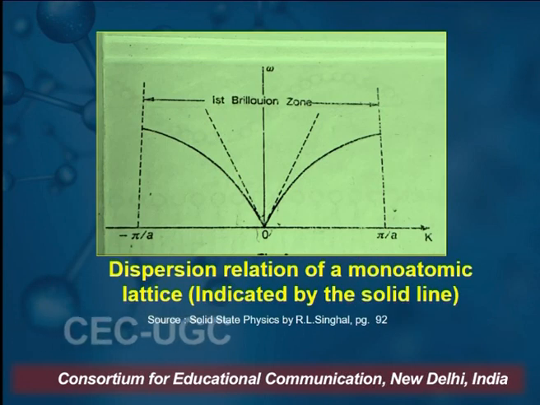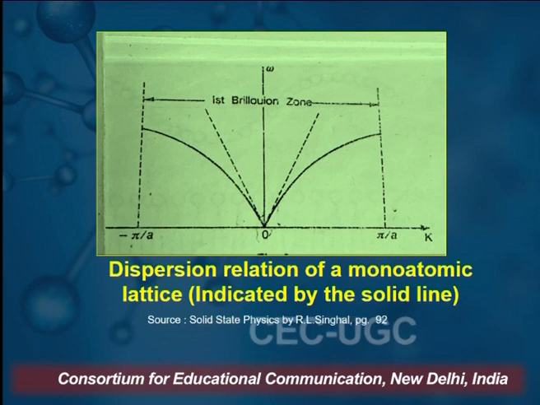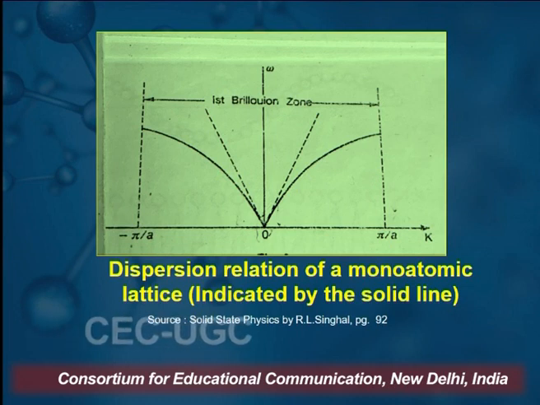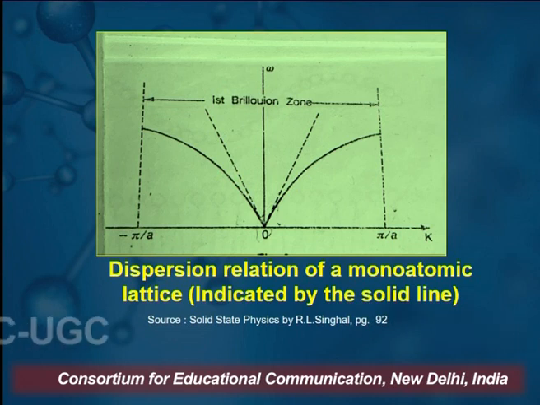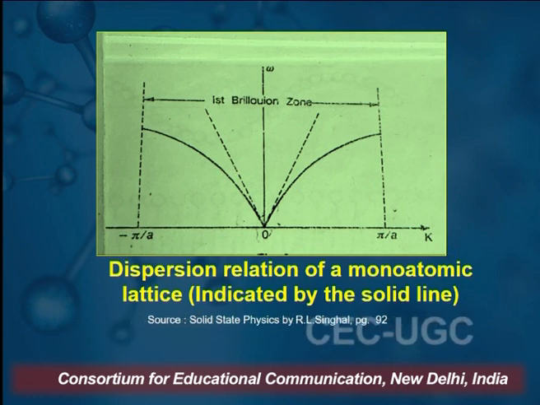If I plot the dispersion relation, that is the variation of omega versus k only in the first Brillouin zone, which extends from minus pi by a to plus pi by a, then it will be represented by the solid line. The dashed line represents the dispersion relation for the homogeneous isotropic line. The solid line now represents the dispersion relation for the monatomic chain of atoms.